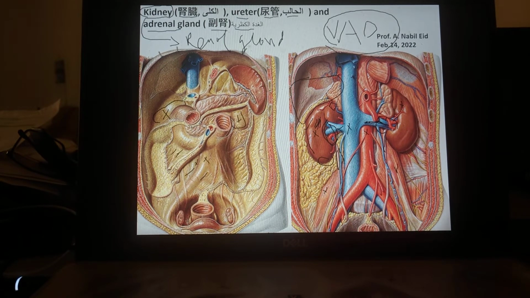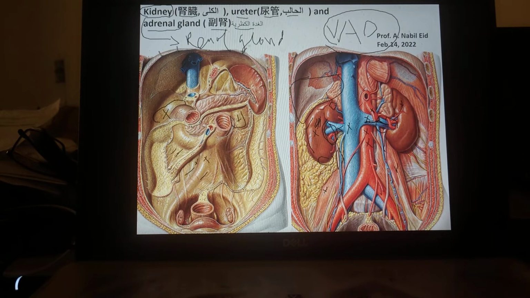Also, if you look here, you found that this left renal vein is compressed between this artery, which is the superior mesenteric artery, or SMA, and the abdominal aorta. This looks like the vein is sandwiched between these two arteries, like a nutcracker effect.